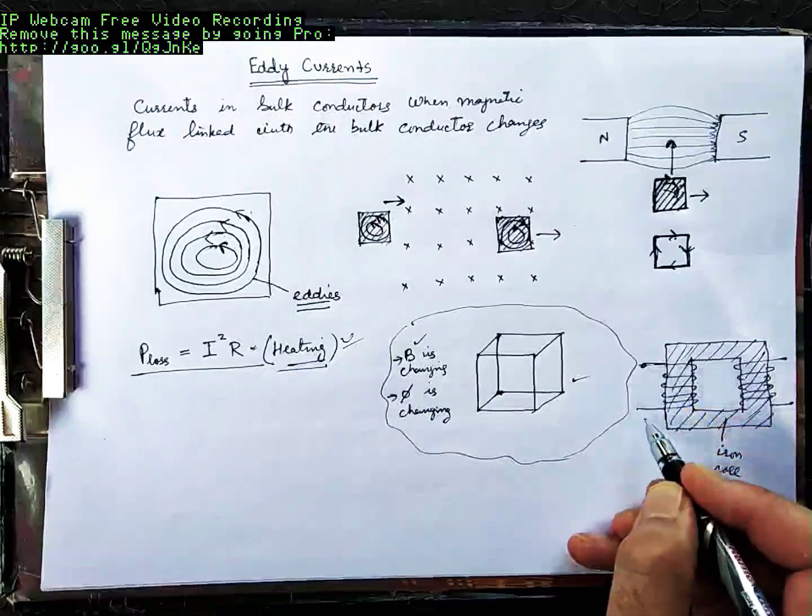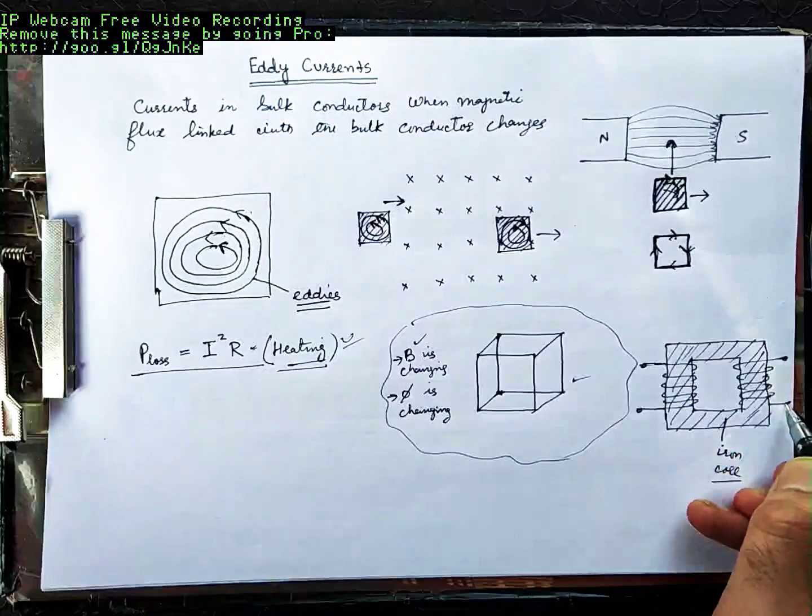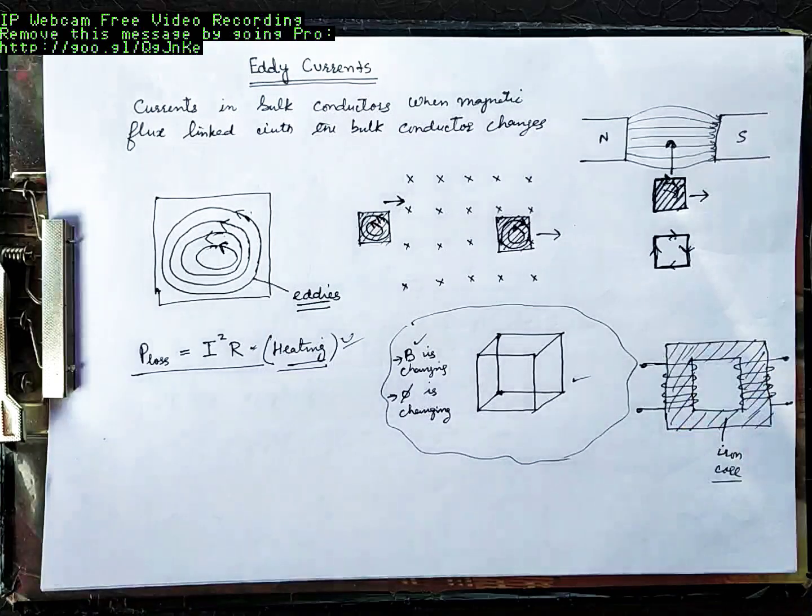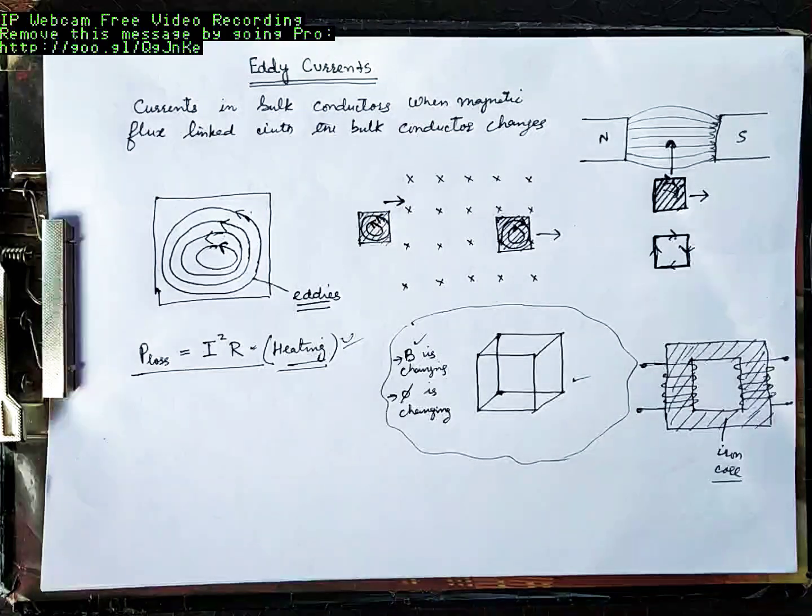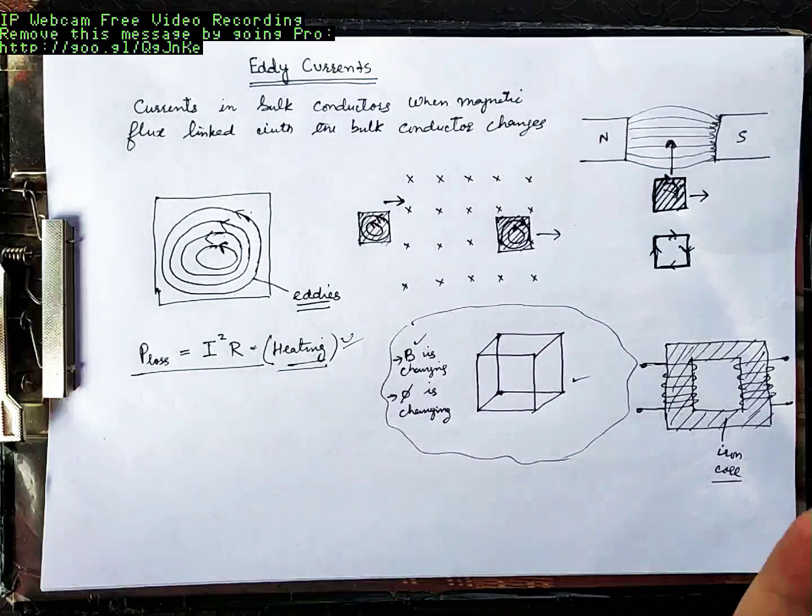You have two coils on the iron core. I will explain that in the next chapter.